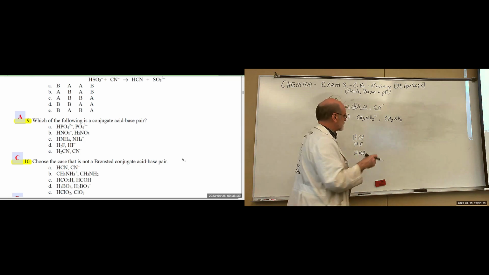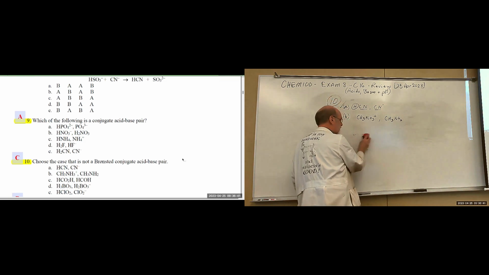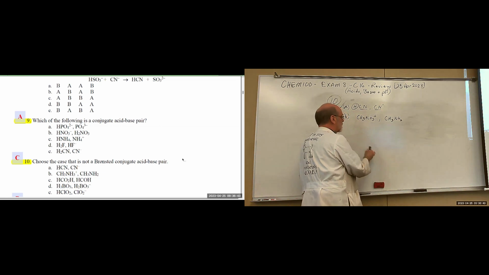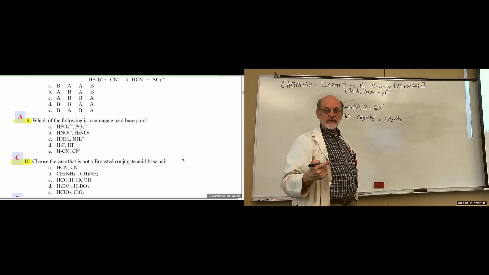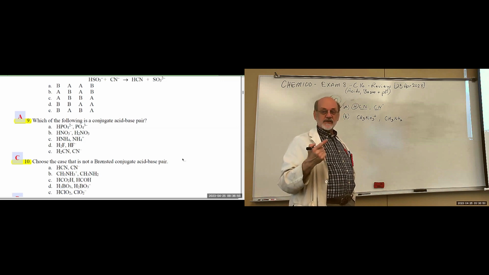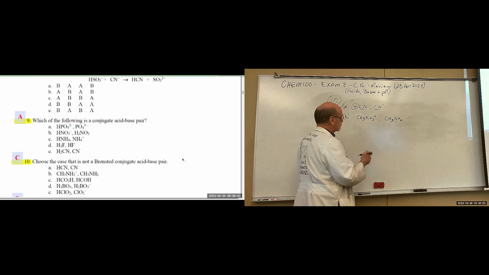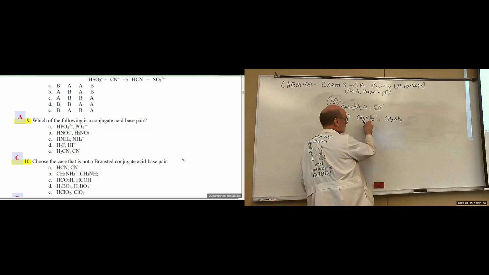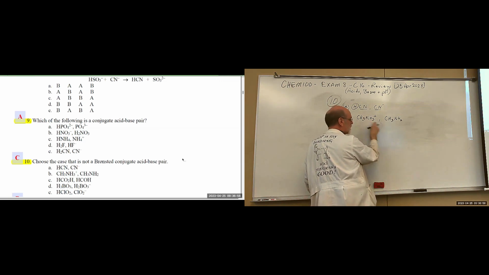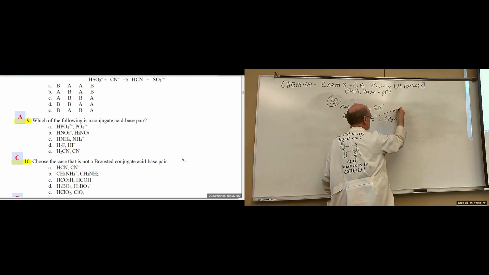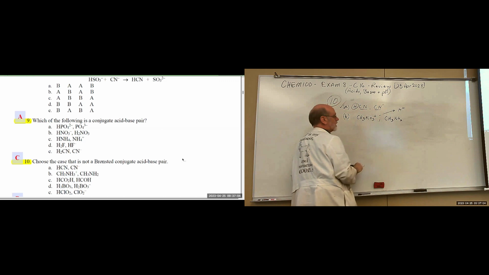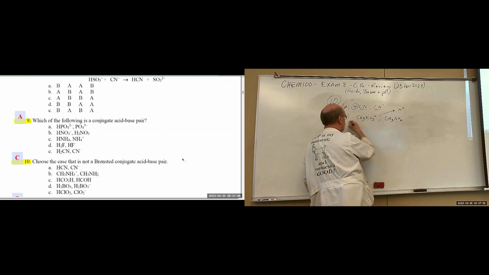All you need is to be sure to find the pair is that the only thing that changed was the loss of one proton. And it takes its positive charge with it. So if this one is one of our hydrogens, then NH3 becomes NH2, it lost one proton and took the positive with it. So that was good too.